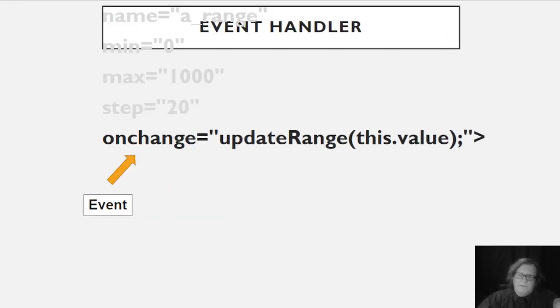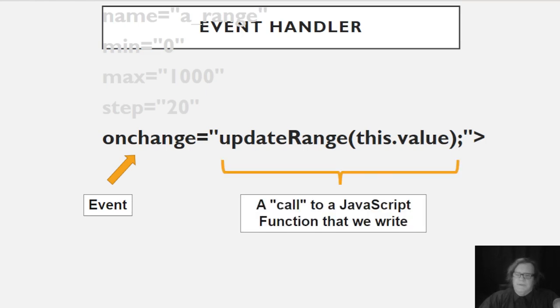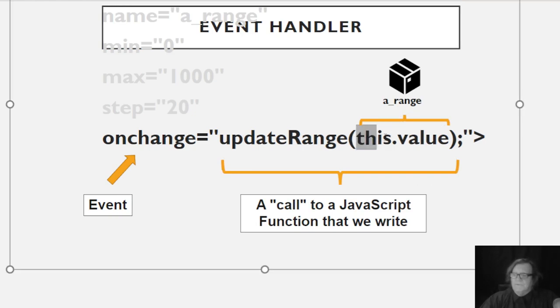So a little bit deeper, we have the event onchange, and then updateRange. That right there is a function that we write. We named it updateRange in camel case, and we give it the value of this particular element. That's what this means, and then the actual value attribute. So that gets grabbed and sent to that function.